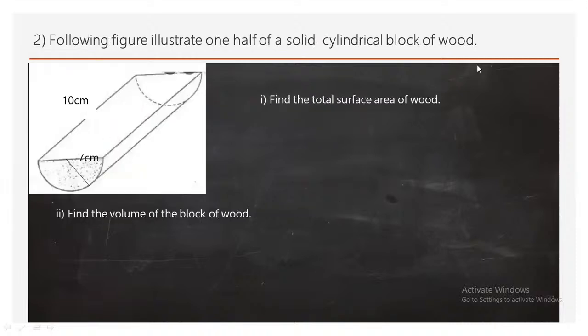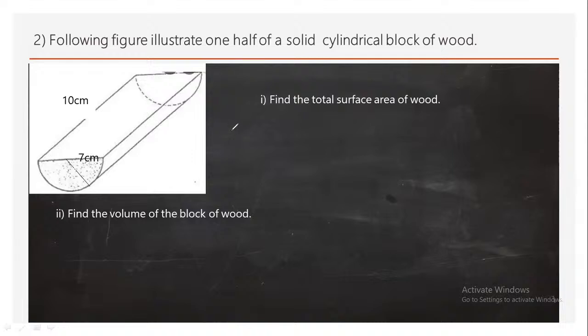Next one, the following figure illustrates one half of a solid cylindrical block of wood. Find the total surface area of the wood. It means this: you can see the rectangular part here, and here you can see half of the curved surface and two semicircles. Two semicircles means one circle, right?